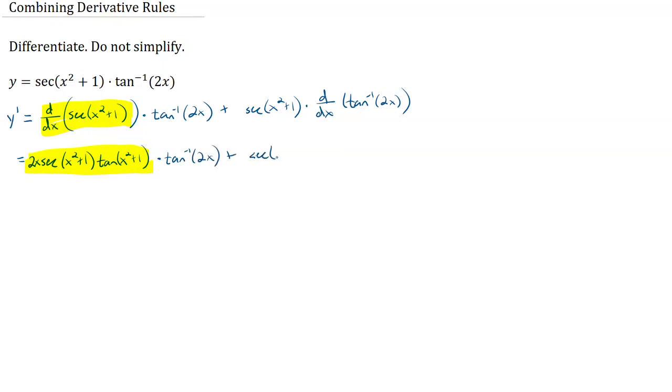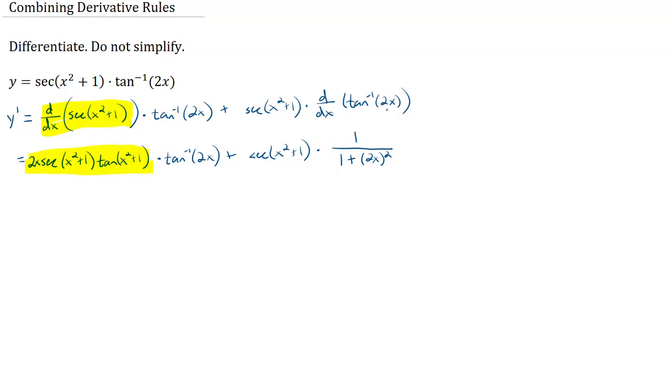plus secant of x squared plus 1. And then we need the derivative of this arctan. The derivative of arctan is 1 over 1 plus the argument squared. In this case, that's 2x. And then we have to multiply that by the derivative of what's inside, the tan inverse of 2x.